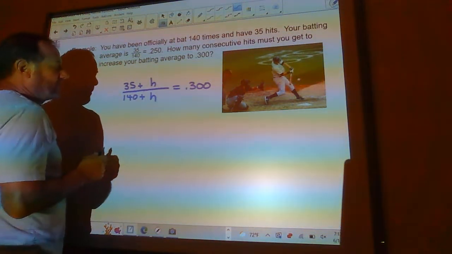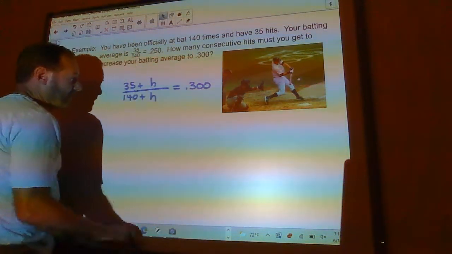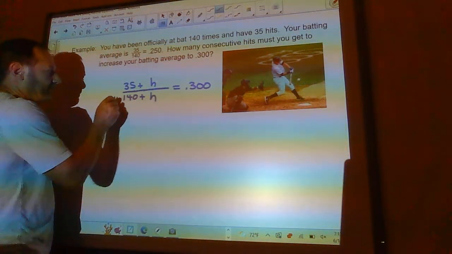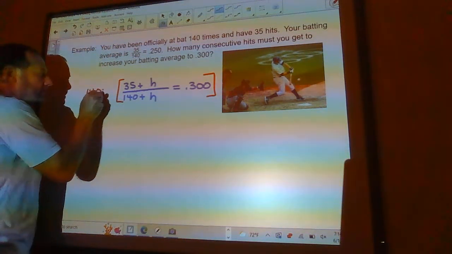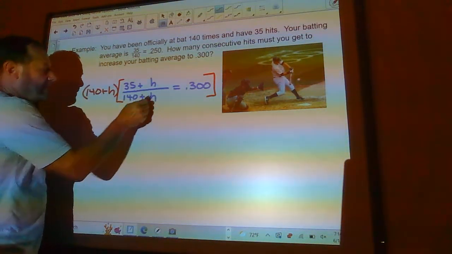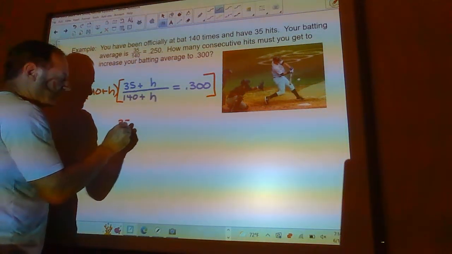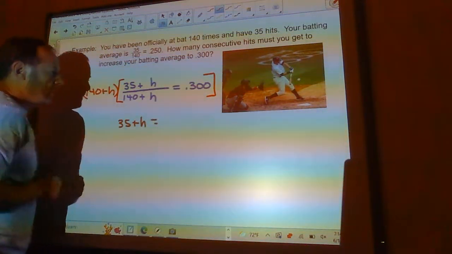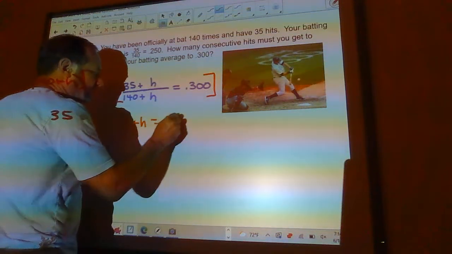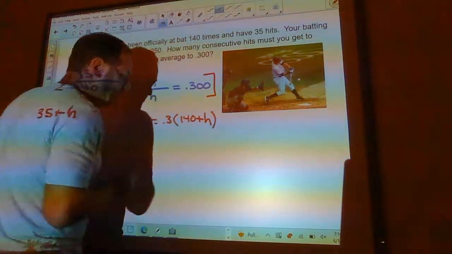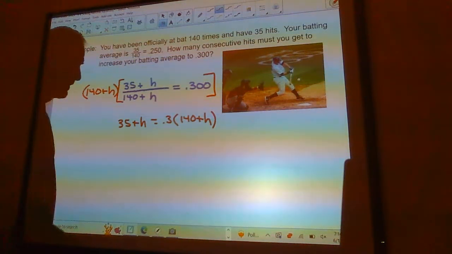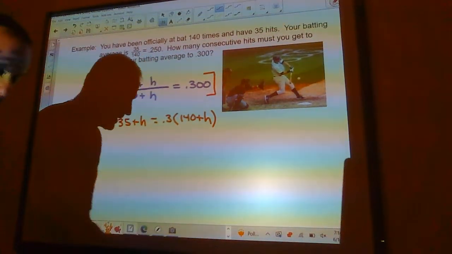Okay, so first thing I'm going to do, I'm going to multiply both sides by 140 plus H. Okay, on this side it's going to cancel this out, leave me with 35 plus H. Over here I'm going to get 0.3 times 140 plus H. Now I'm going to go ahead and distribute my 0.3 here.